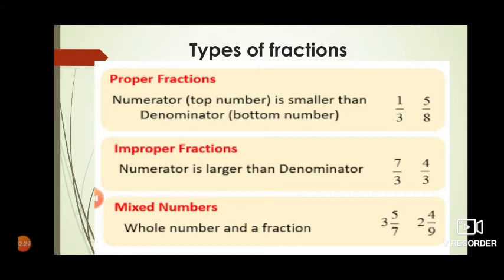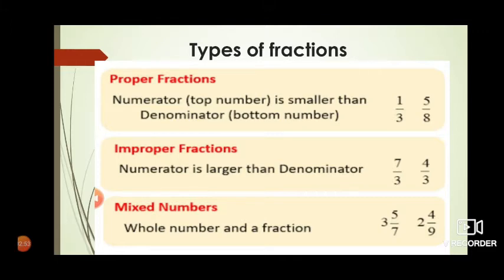Children, for remembrance, just think that the down number is carrying the up number, isn't it? For the number above the line, the down number will carry. Always, children, a big number can carry a small number. But a small number cannot carry a big number. It is a little difficult, no? So that is the improper way.